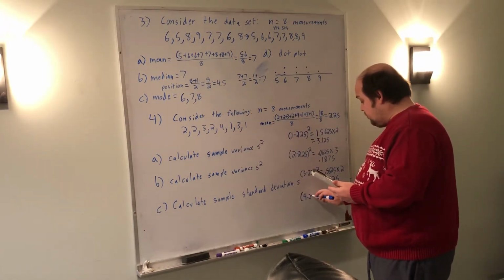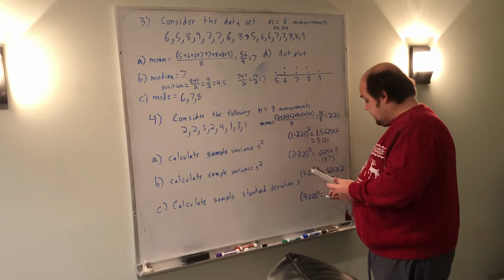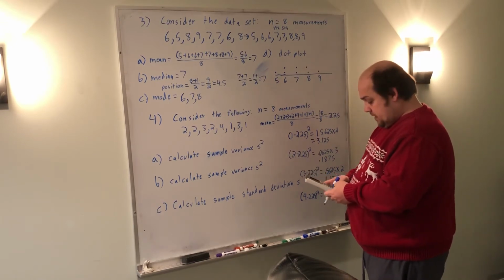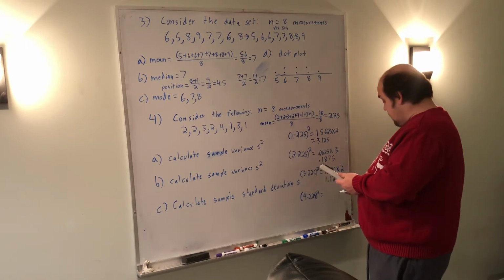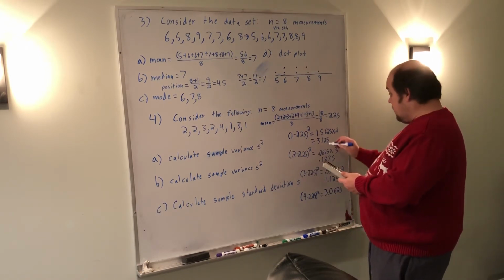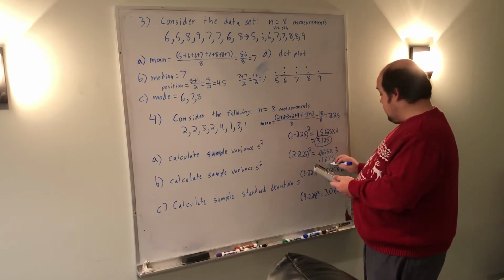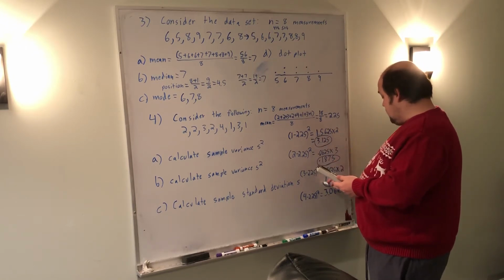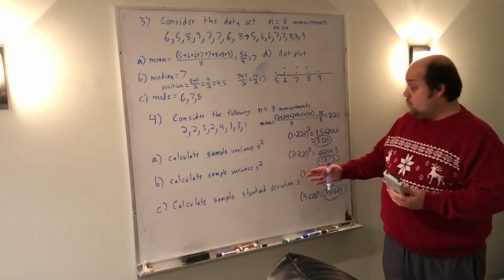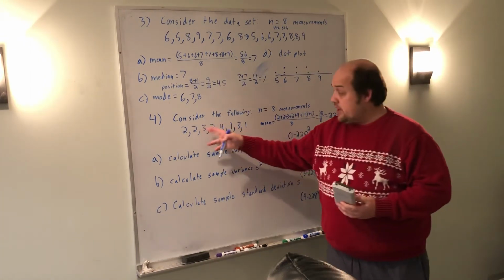4 minus 2.25, quantity squared. When I put that in, 4 minus 2.25, quantity squared, gives me 3.0625. So I'm going to be adding together 1, 2, 3, 4 different numbers. Again, really I'd want to do this individually for each data point.